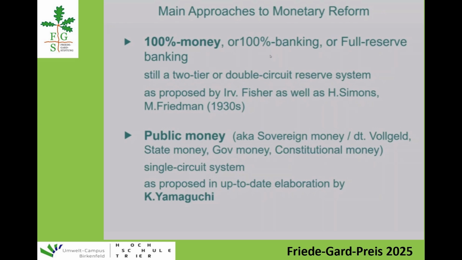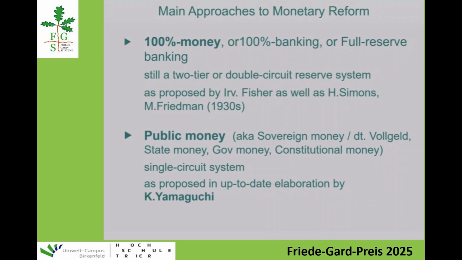One is known as 100% money. That's the term preferred by Irving Fisher, or 100% banking, as was the preferred term by the early Chicago school, including Milton Friedman, or simply full reserve banking.